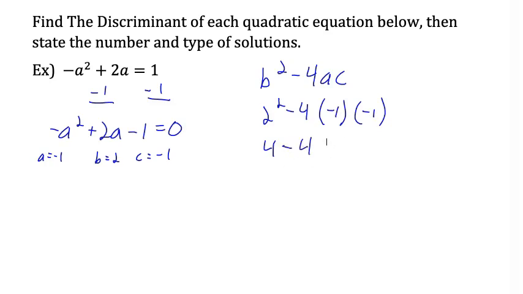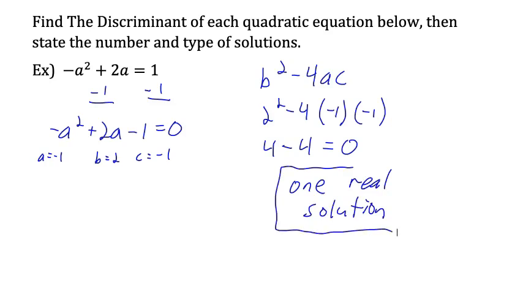Right, and we have 4 minus 4 equals 0. So now this is just the discriminant, not a solution, but what it tells us is that there's only one real solution. So if we were to solve this equation here, there would only be one solution, and it would be a real number.